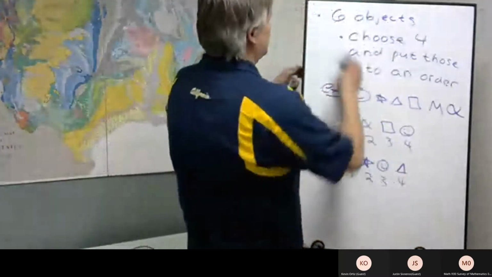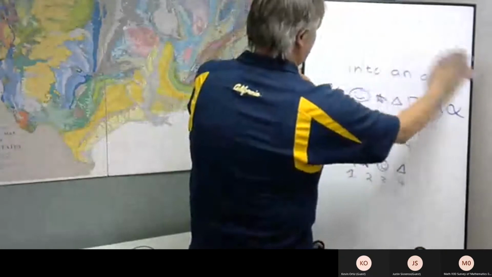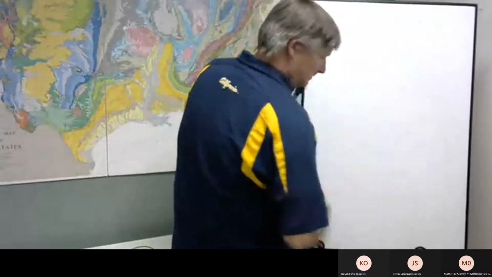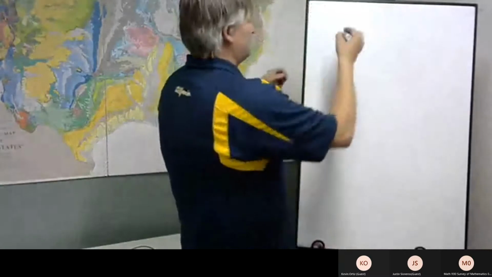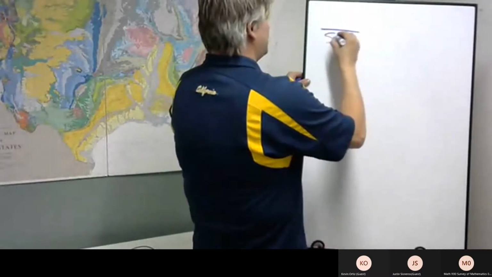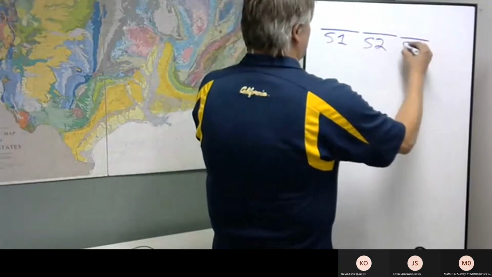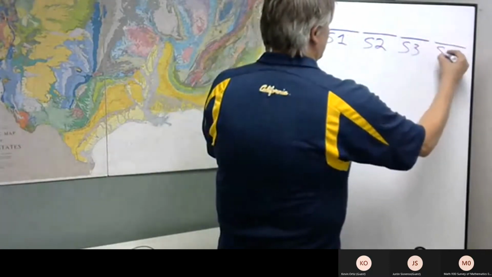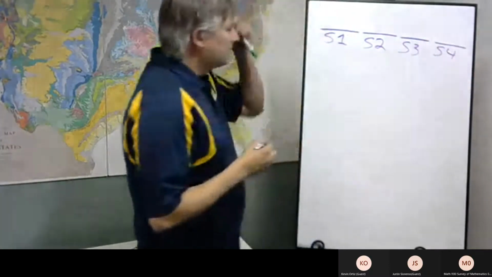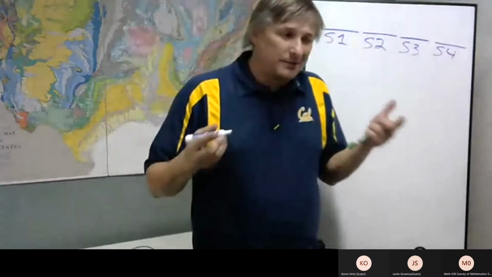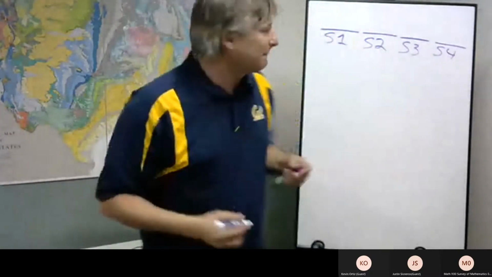The way we're going to do this, we have stage 1, stage 2, stage 3, stage 4. Now, for stage 1, how many choices do we have? Well, in this part of the experiment, we have 6.